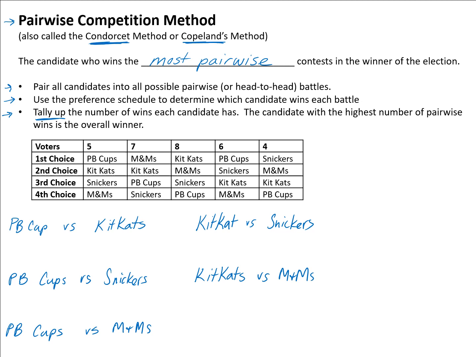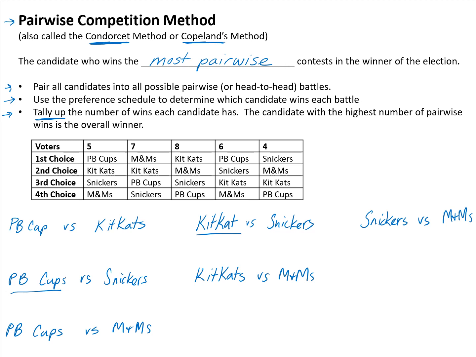That is 3 battles for Kit Kats, and remember Kit Kats has 3 competitors, so that's all of their battles. Next, we'll look at Snickers. Snickers is going to go up against peanut butter cups and Kit Kats. We already have those 2. So the only thing left to mark down is Snickers against M&Ms.